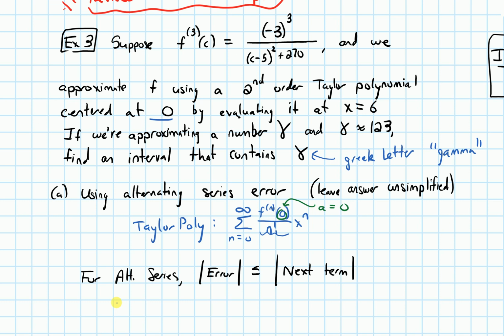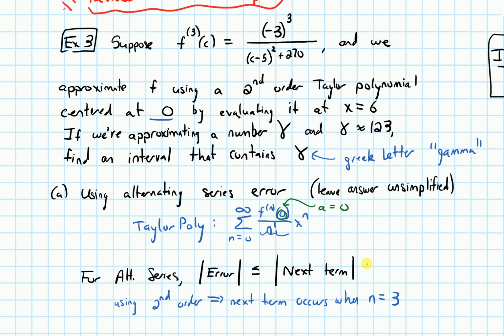All right. So since we are using a second order polynomial for our approximation, that means the next term occurs when n equals 3. Because that would be the next term for a second order Taylor polynomial.